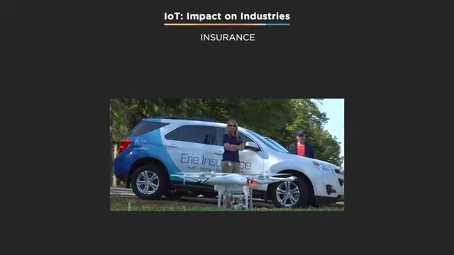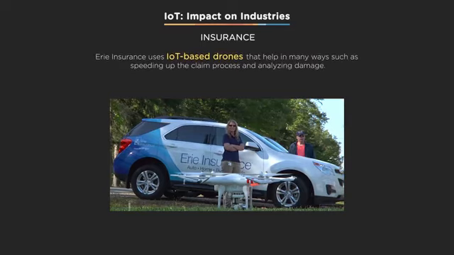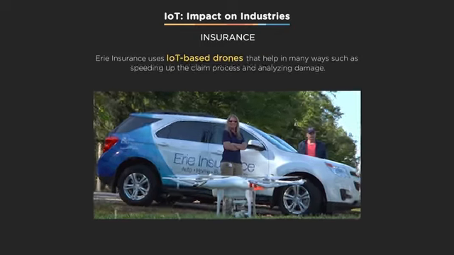Insurance. Erie, an American multi-line insurance company, uses IoT-enabled drones for inspecting property in the event of a damage claim. The use of drones has benefited in many ways, from speeding up the claim process and looking at damage without endangering employees, to getting a clearer picture of potentially fraudulent cases.